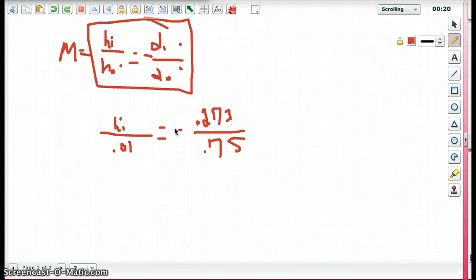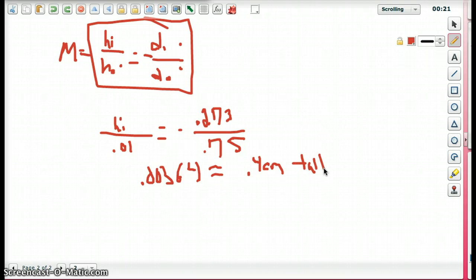And we get 0.00364, which is approximately equal to about 0.4 centimeters tall.